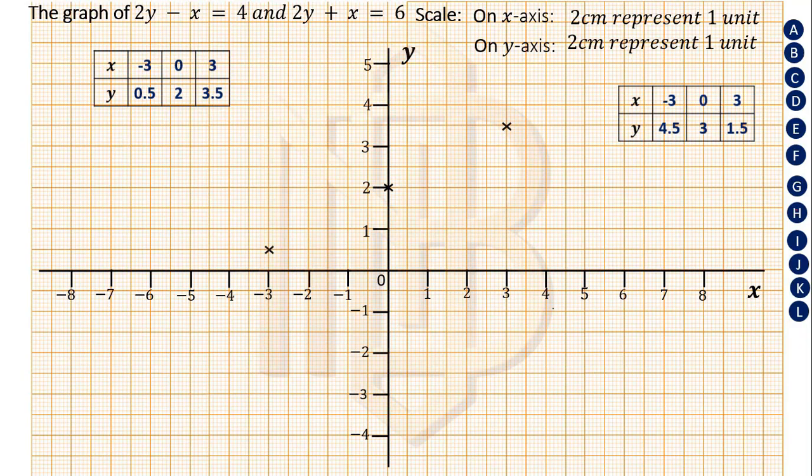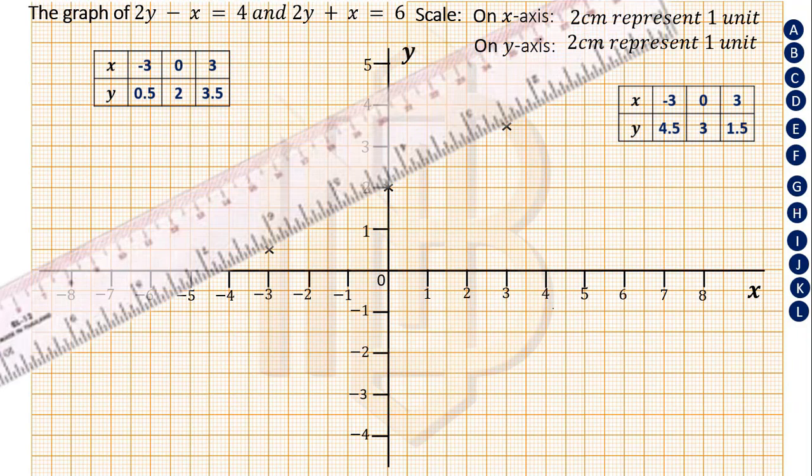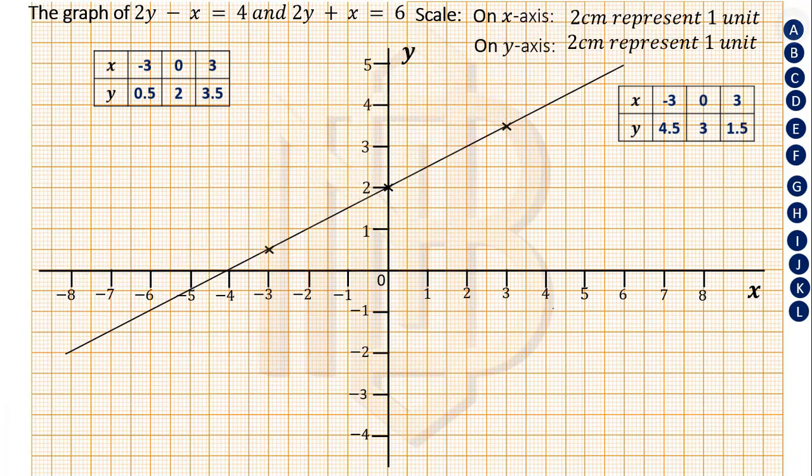Once you have done that, the first thing is, of course, you use your ruler to join the points. Once you bring your ruler in, then you draw the line. You join the line. You have the line for the first graph.